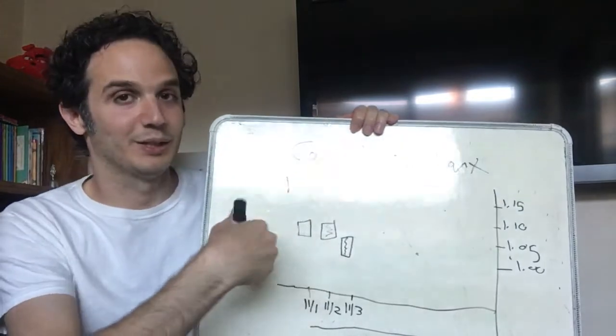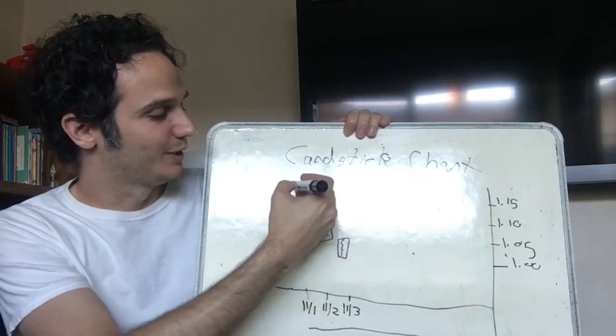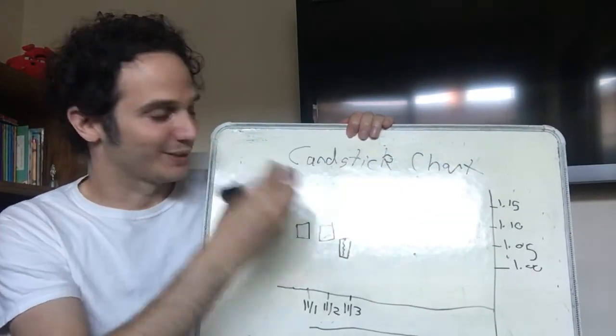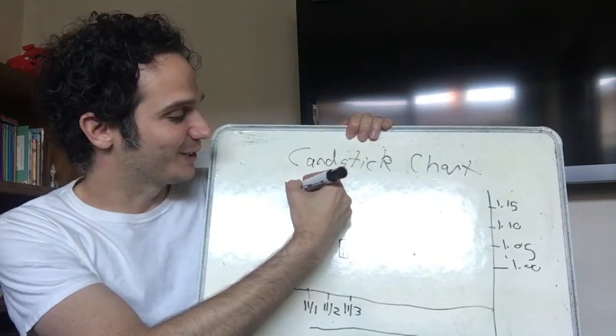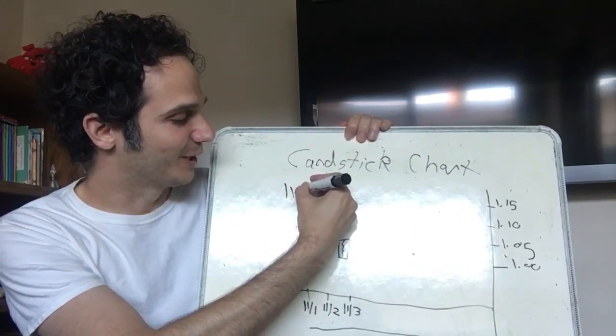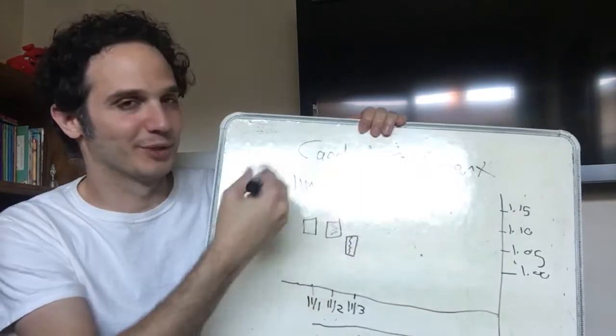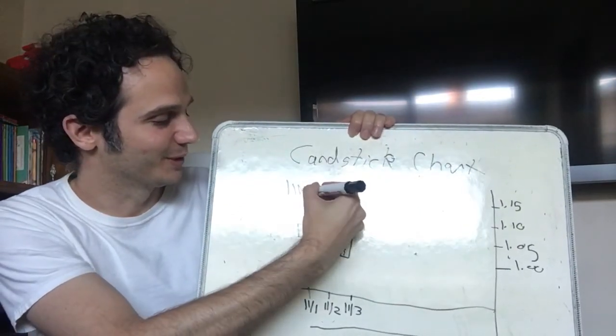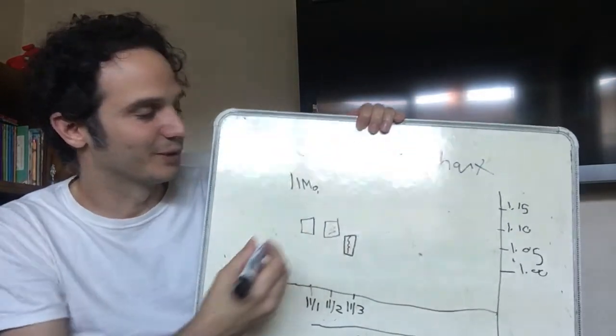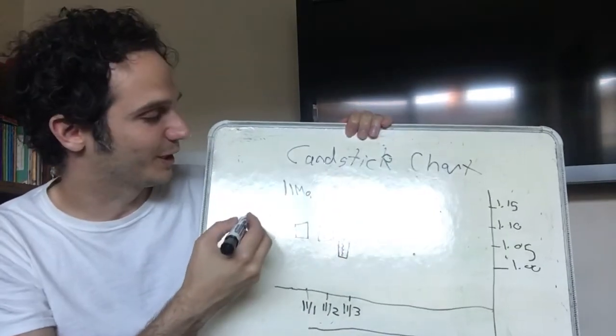Then each candle can represent a month. I don't know how they would abbreviate it, but that's not 1 minute. So let's say 1 month. I'll just abbreviate it like that.